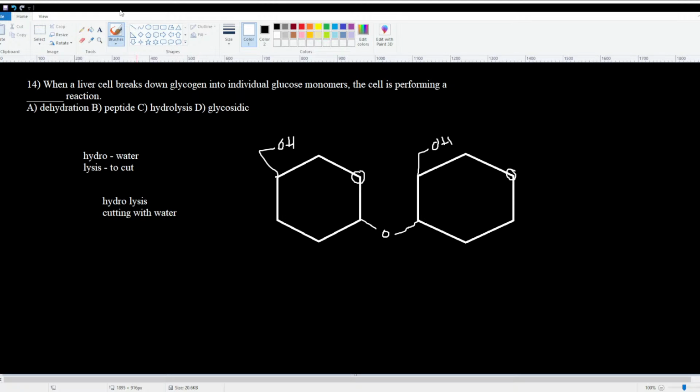Anyway, sorry about that interruption. So these are two sugars, right? These two sugars are held together by glycosidic linkage, right?